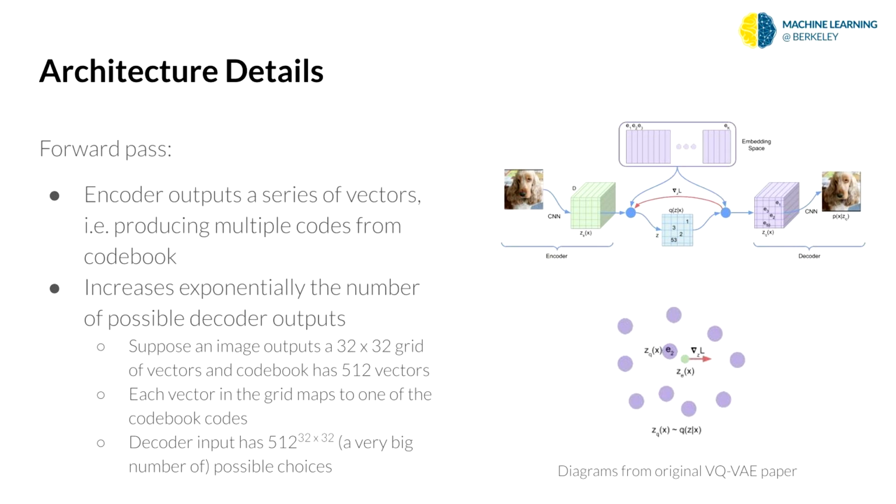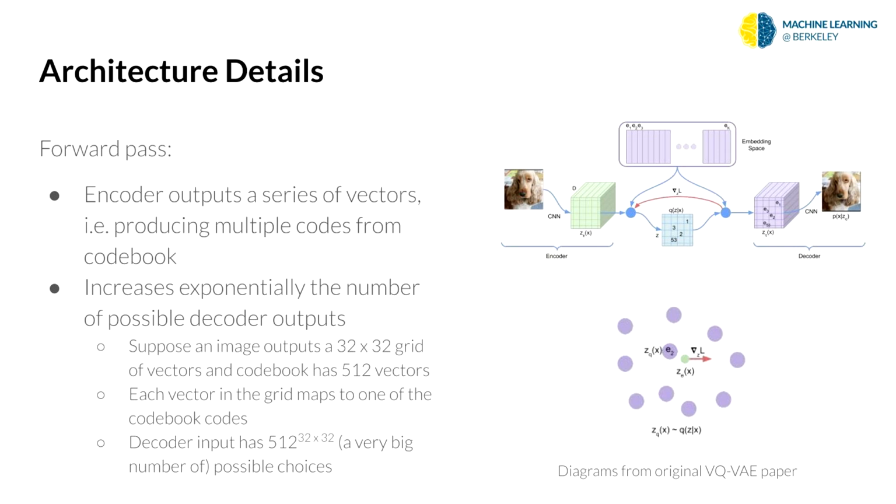So for example, one image can output a 32 by 32 grid of vectors, and our codebook has 512 vectors. Each of these vectors within the grid maps to one of the codebook codes. And then our decoder input has 512 to the power of 32 by 32 possible choices, which is a very large number.